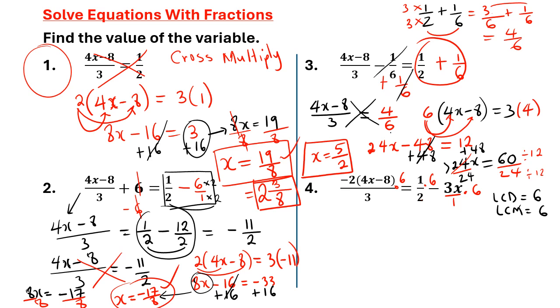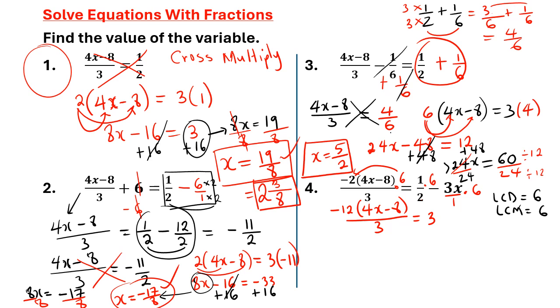I will just have 6 times that, just negative 12. But do not distribute yet. Just be patient a little bit and leave the 3 over there. Then it's equal to 1/2 times 6. 1/2 times 6 is going to be 3, right? See? 1/2 times 6 divided by 2, that's how you get 3.